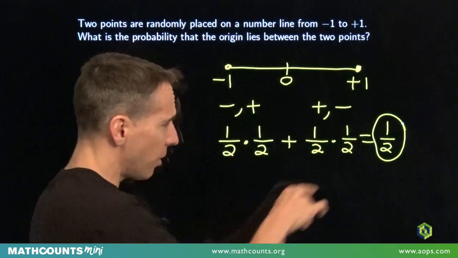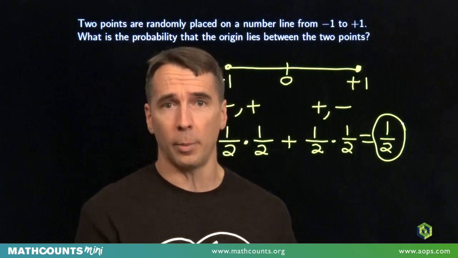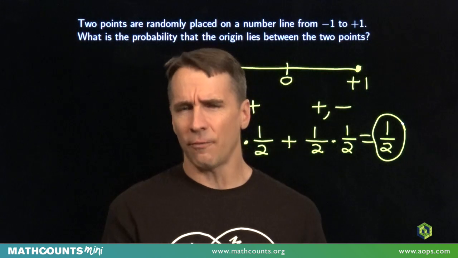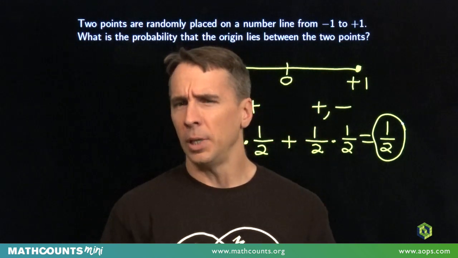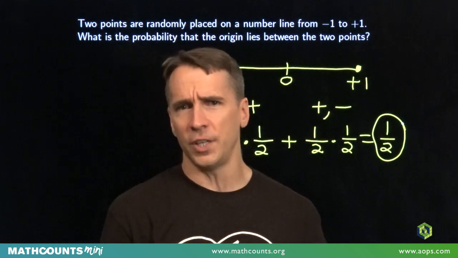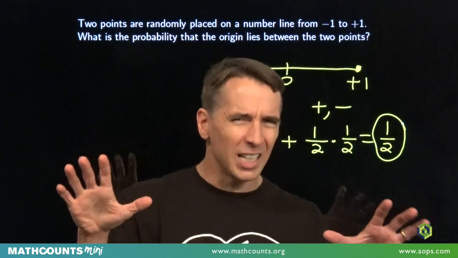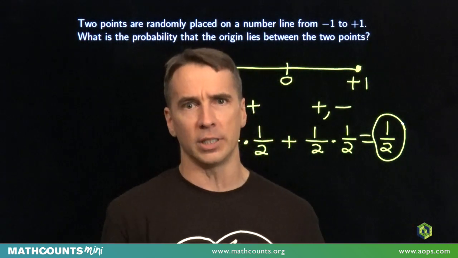Now I gotta tell you, whenever I see 1/2 as the answer to a probability problem, I stop for a moment and I think, maybe there's a faster way to solve this problem. Maybe there's a nice slick way to see that the probability is a half.